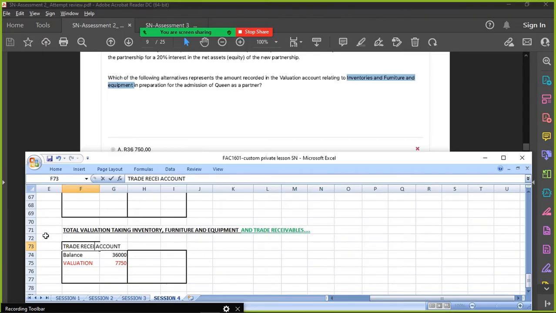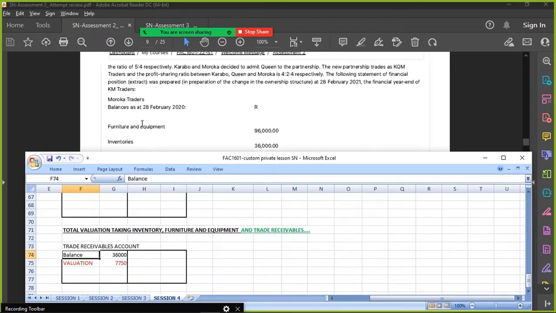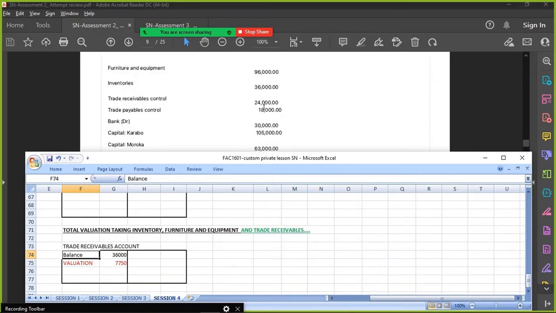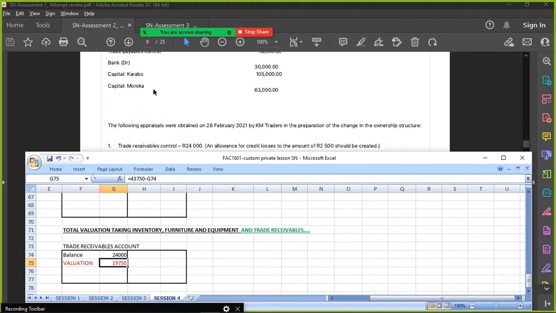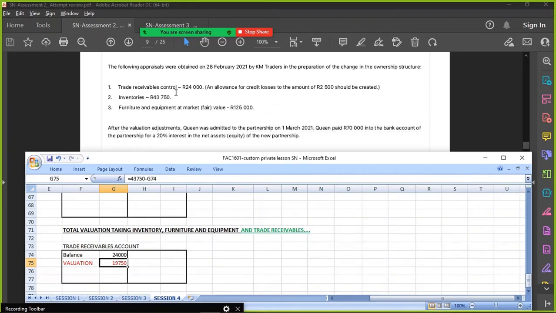Trade receivables. The trade receivables account balance was 24,000. Was that it? Yeah, that's it. And then they said trade receivables control account of 24 and an allowance for credit losses to the amount of 25 should be created.